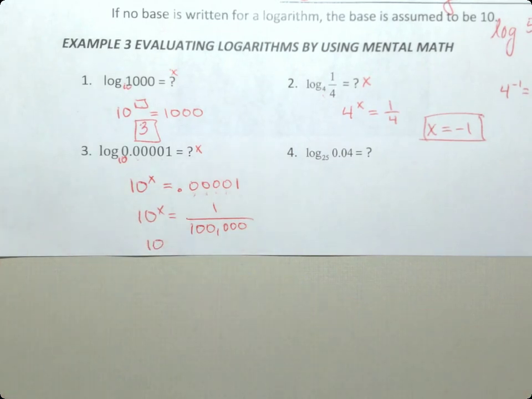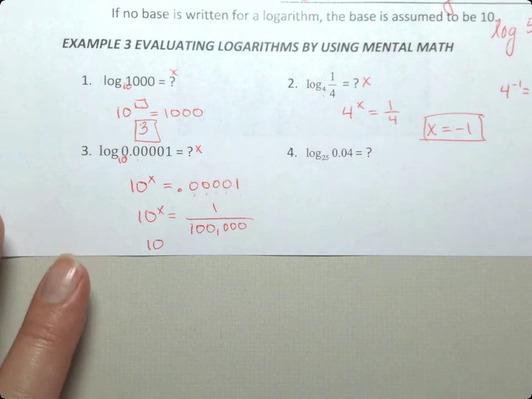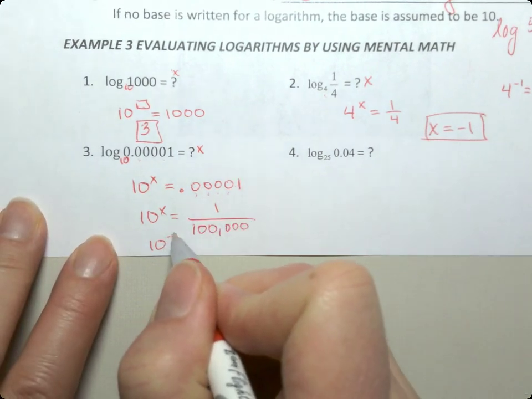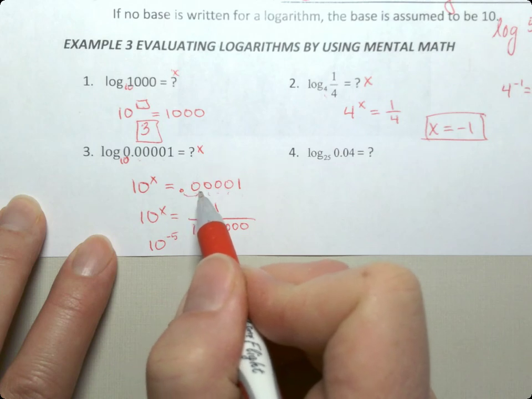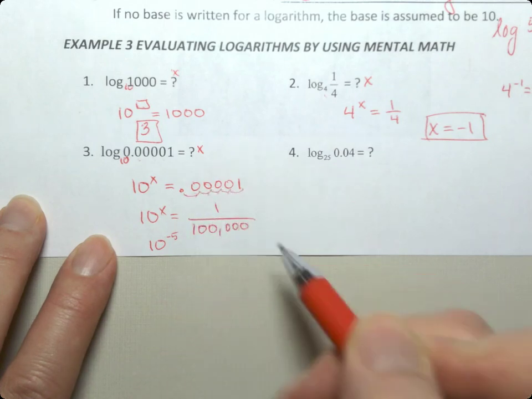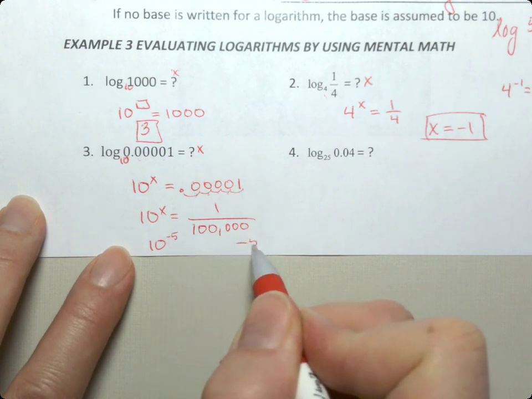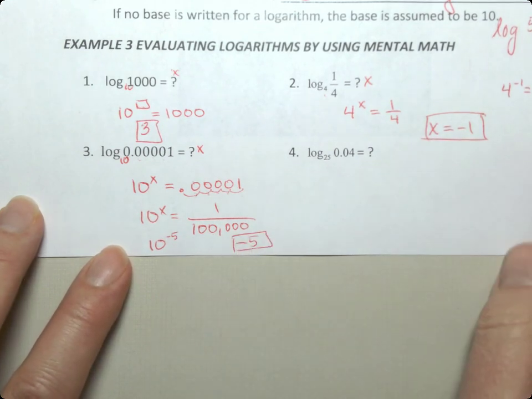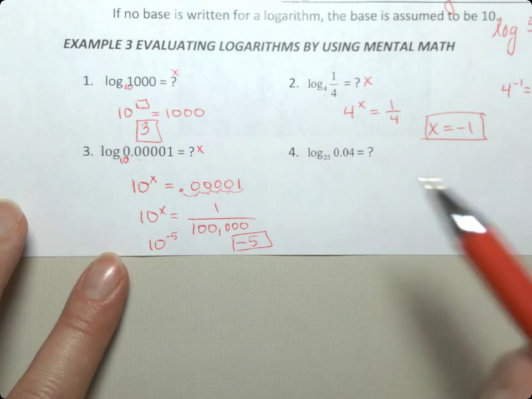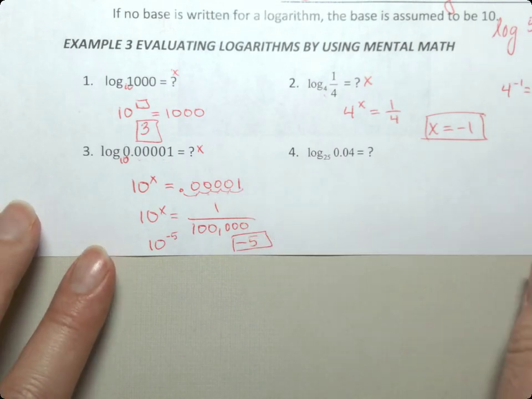No, the power of 100 would be way too big. If you look at this, this would be negative 5 because that would move my decimal 1, 2, 3, 4, 5 places. So my power would be negative 5. That's a little tough, but taking it from a decimal and thinking about it as a fraction is helpful.